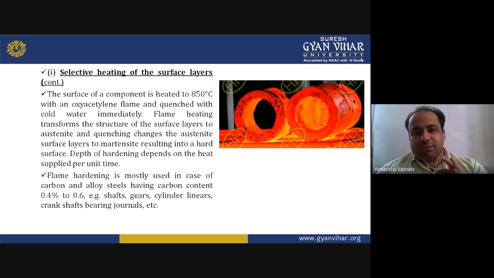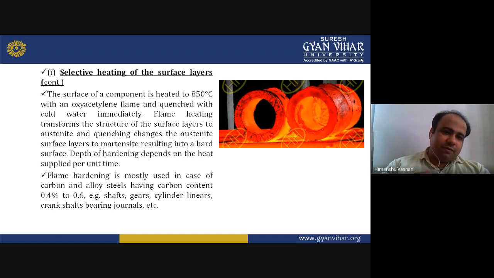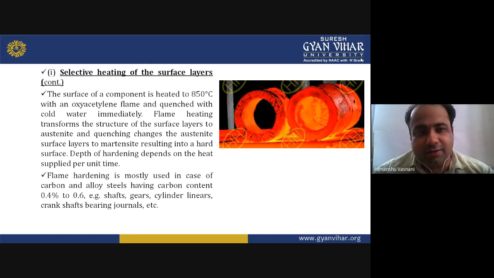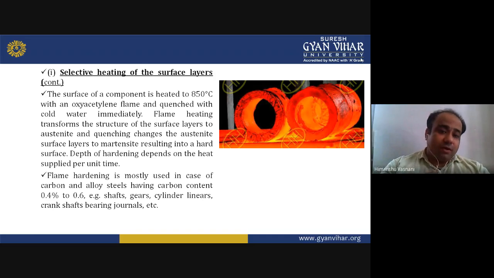Flame heating transforms the structure of the surface layer to austenite, and quenching with cold water changes the austenite surface layer to martensite, resulting in a hard surface.